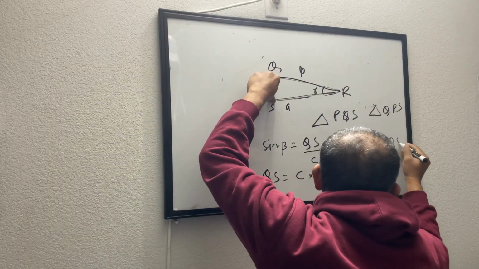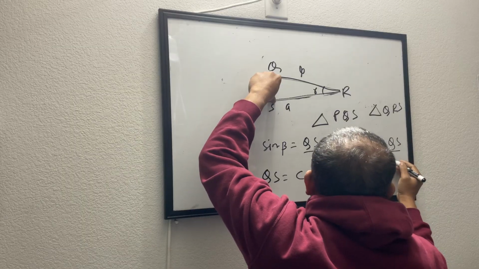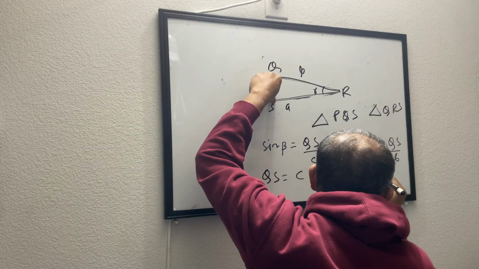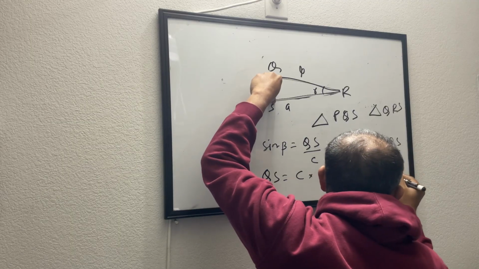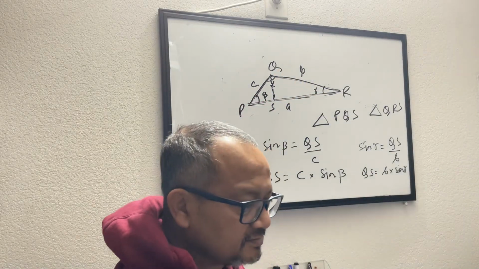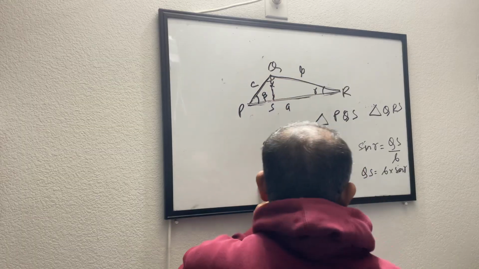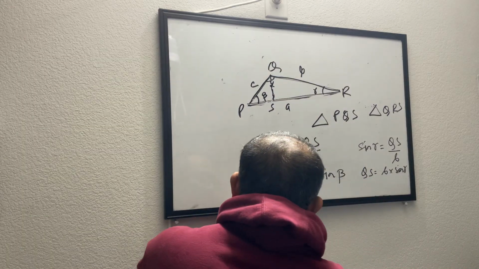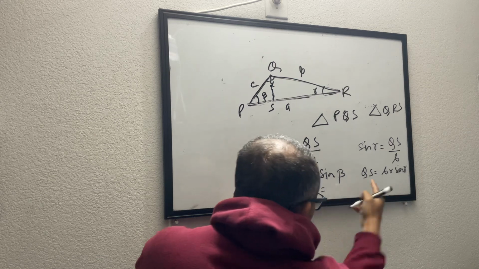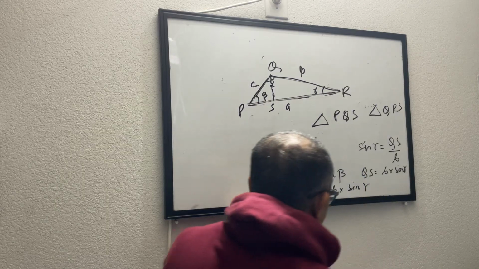So QS divided by B. So QS from this one is equal to B times sine of gamma. So this QS and this QS are the same side. That means C times sine of beta equals B times sine of gamma.